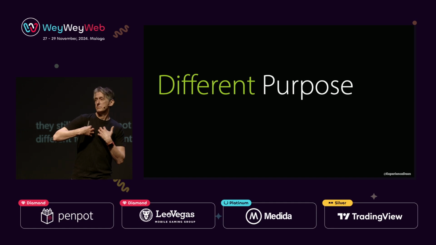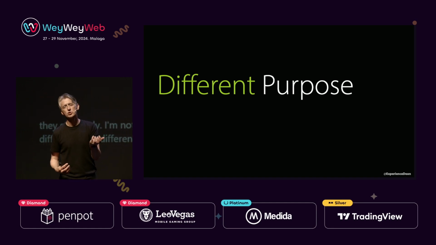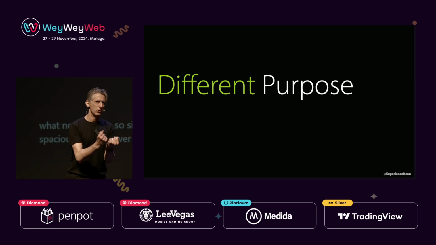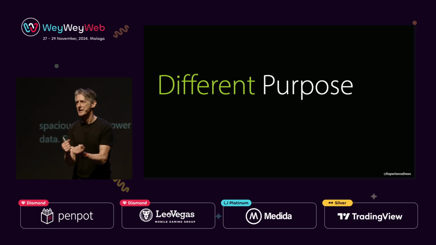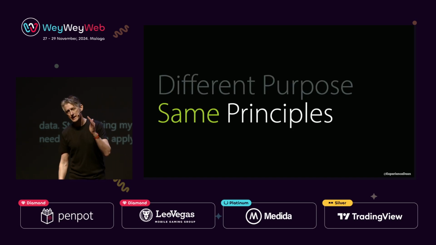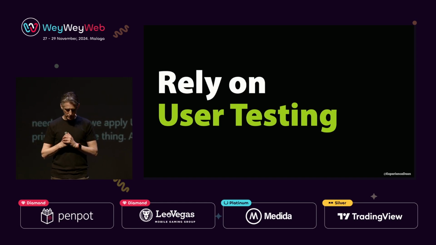My mom, when she's using text, it needs to be so simple, one thing at a time, so easy, so big, so spacious. But a power user, more data. Stop wasting my time. Give me more data. That's what they need. And so we apply UX rules to a different context. Same principles, same thing.